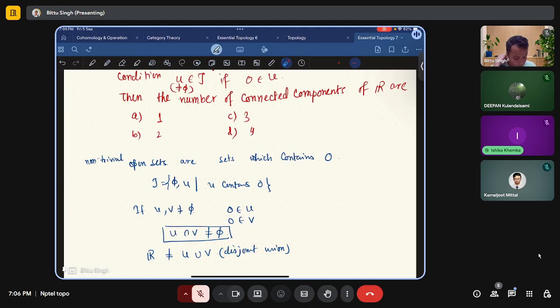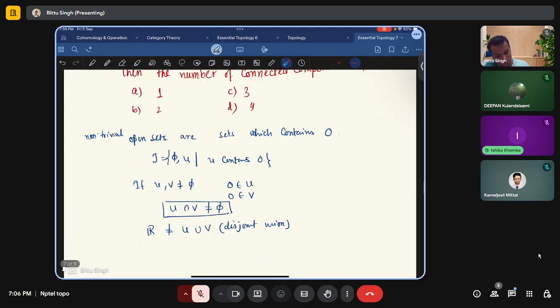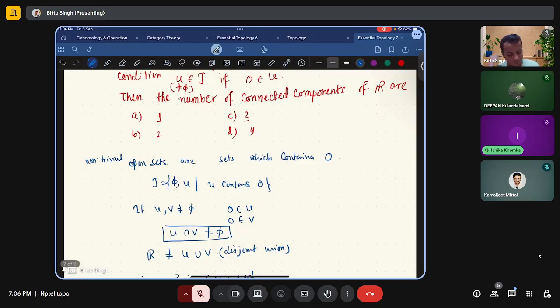So you cannot write R as a disjoint union of U and V, because any non-trivial U and V will always intersect. So the conclusion is therefore R is connected. R is connected means it has only one component.